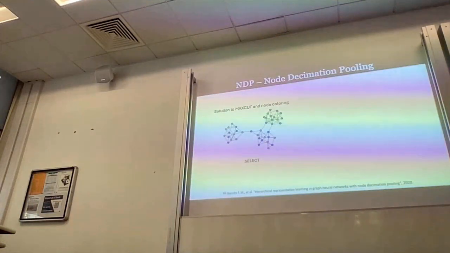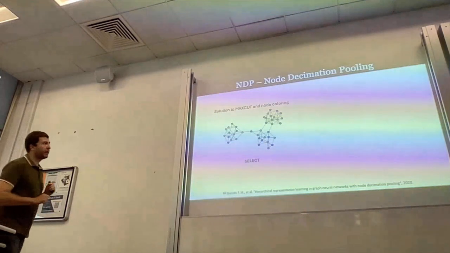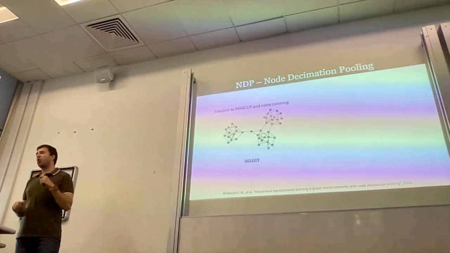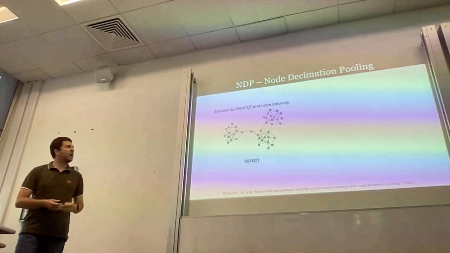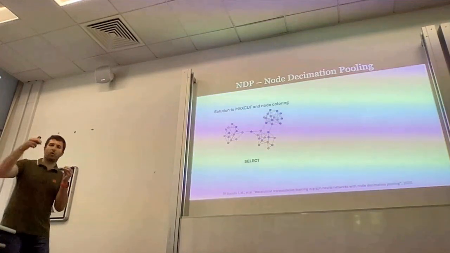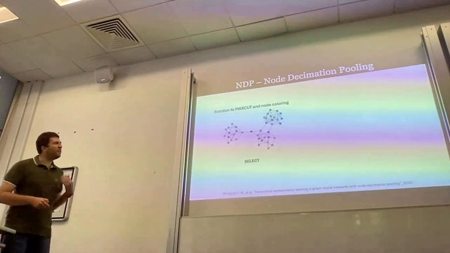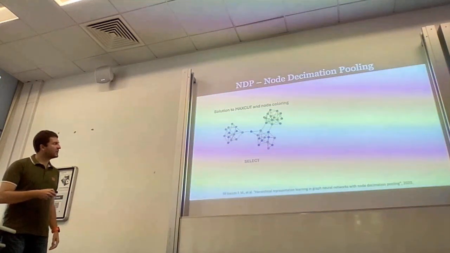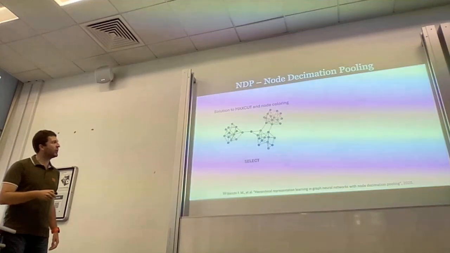The max cut problem is also related to the bi-coloring of the graph, which means coloring the nodes in a way that there are as few nodes as possible connected with the same color. And if you notice, that's basically what's happening here, because you see that this blue one is connected with two grays, this blue one is connected with two grays.